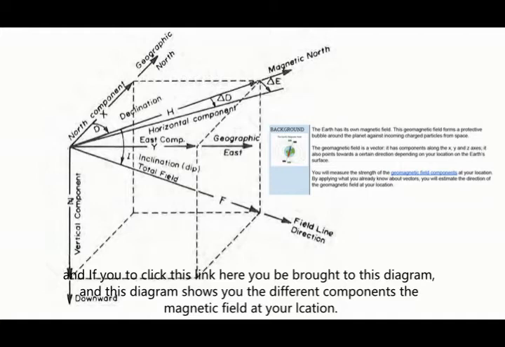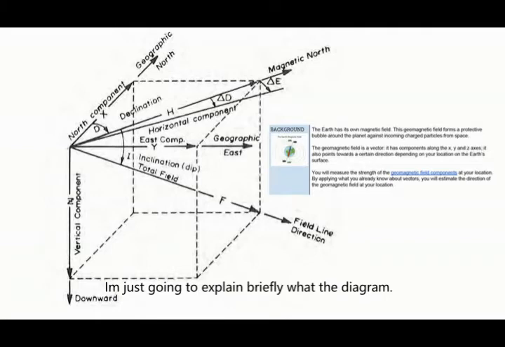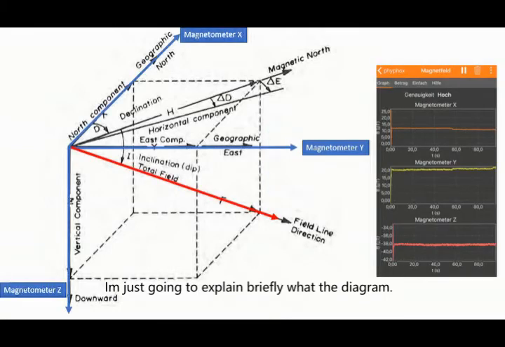And this diagram shows you the different components of the magnetic field at your location. And this diagram is very important because it allows you to calculate the direction of the magnetic field at your location, right? So I'm just going to explain briefly what this diagram is about.